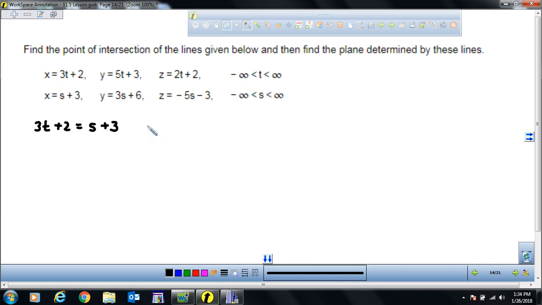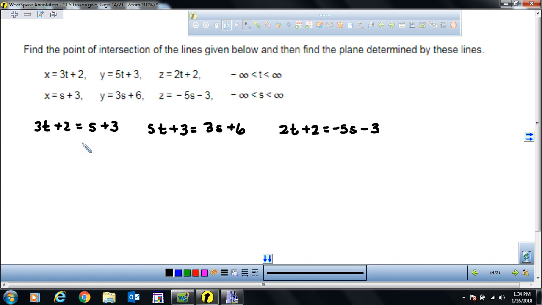We want to find where 5t plus 3 equals 3s plus 6. And we want to find at what values of t and s 2t plus 2 would be equal to negative 5s minus 3.